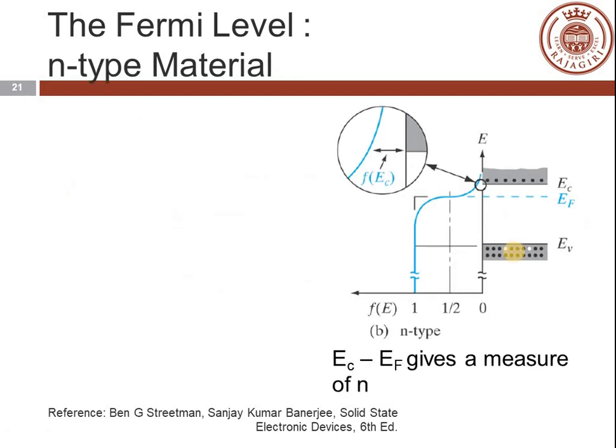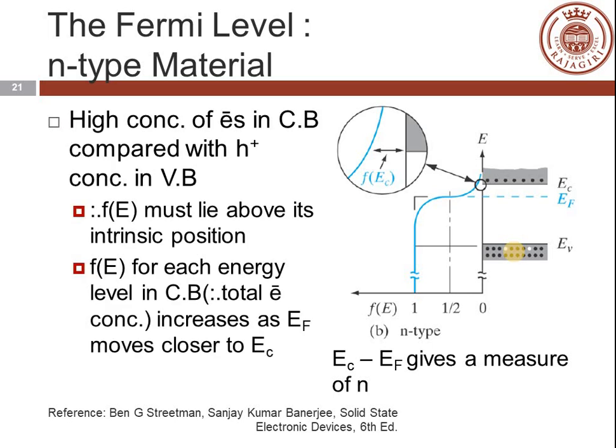Next, we are seeing the Fermi level for n-type material. For n-type material, we will be having a higher concentration of electrons in the conduction band compared to holes in the valence band. Because of that, EF should lie near the conduction band. So definitely the electron probability f of EC will have a high value compared to the hole probability 1 minus f of EV.